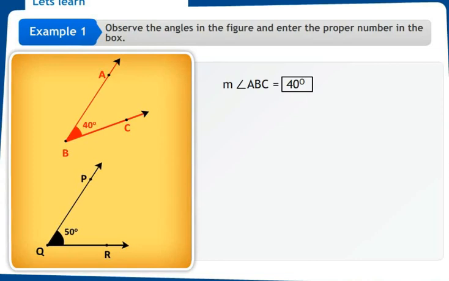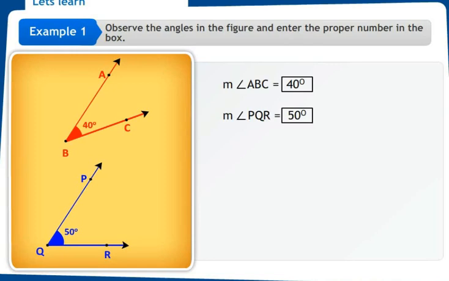So from the diagram we can write measure of angle ABC is equal to 40 degree. Angles are measured in degree, and protractor is the geometrical instrument used to measure angle.